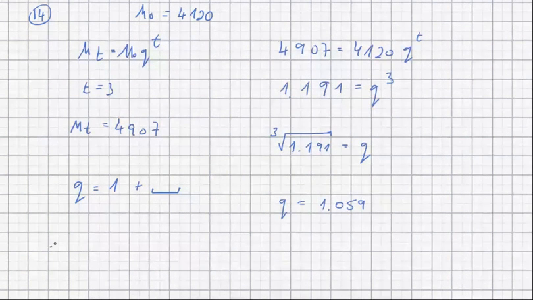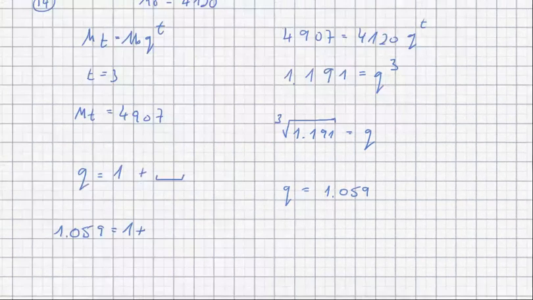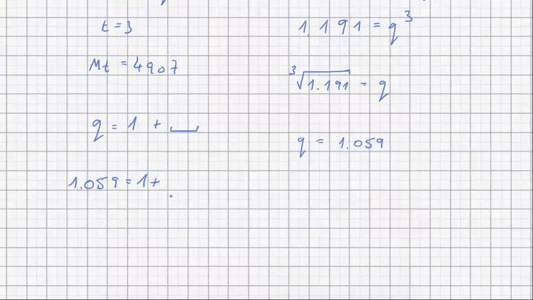So Q is this, and it equals 1 plus, let's call it x. Doesn't really matter. So what is x equal to? 0.059. Correct.